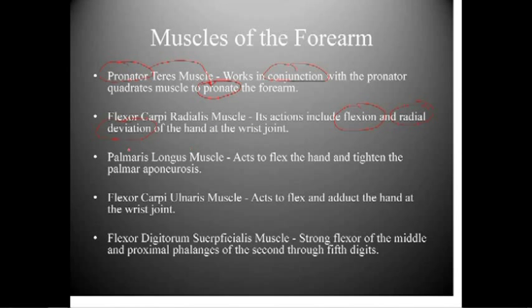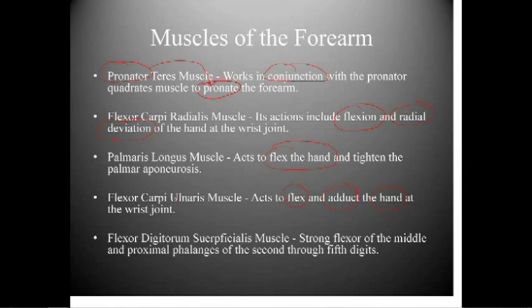And so basically, flexion of the hand, once again. Okay, the flexor carpi ulnaris muscle acts to flex and adduct the hand at the wrist joint. And so, flexion and adduction of the hand.